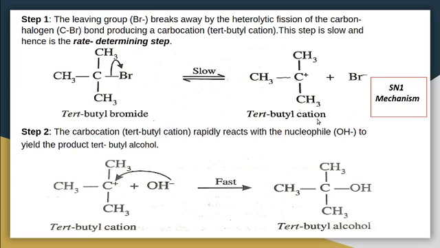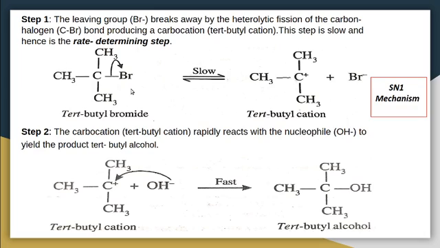Now let us discuss what the SN1 mechanism is and what steps are involved. We know that the SN2 mechanism is a concerted, single step mechanism. That means bond breaking of the leaving group and bond making with the incoming nucleophile occur in a single step.